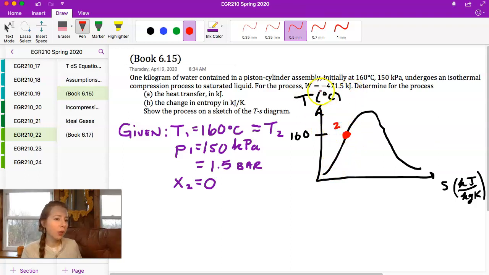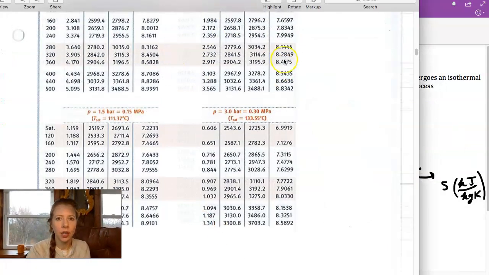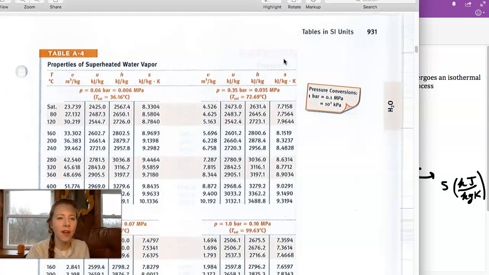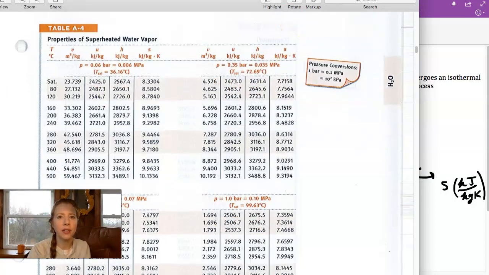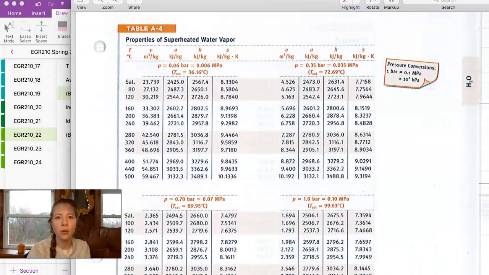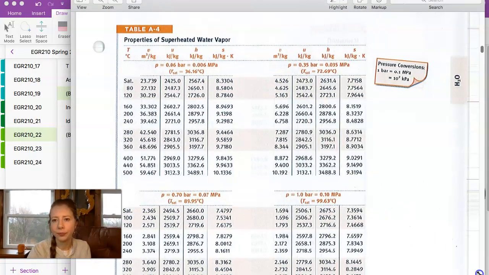And now let's just double check to see where we begin. So whether we begin somewhere in the vapor dome or outside of it. So we're told that temperature is 160 degrees Celsius and pressure is 150 kilopascals. So I'm just going to open up our tables. And here I'm at table A4. And so this is the properties of superheated water. And so let's just see if we're outside the vapor dome.